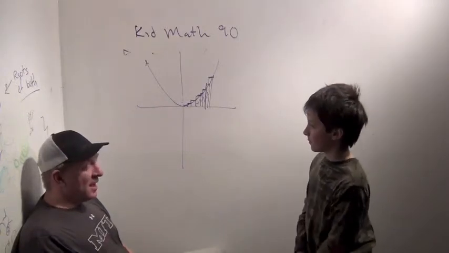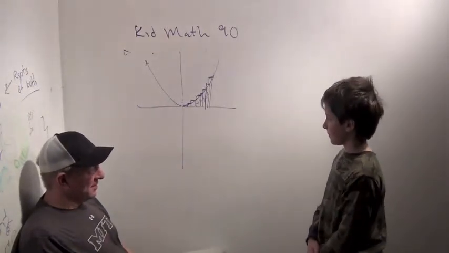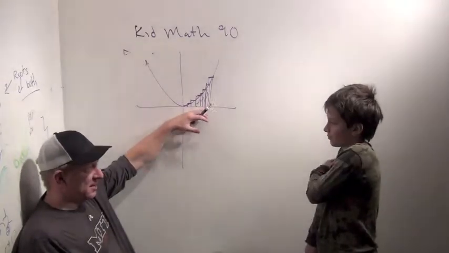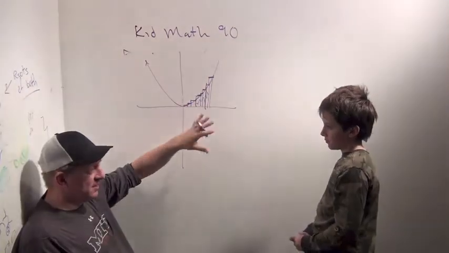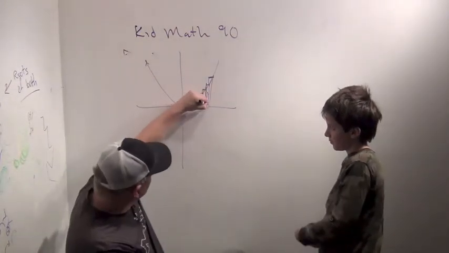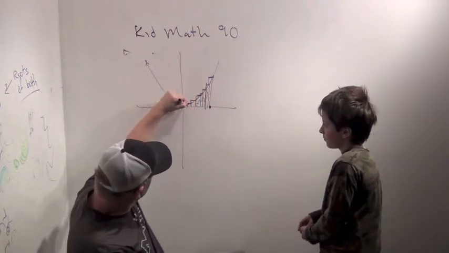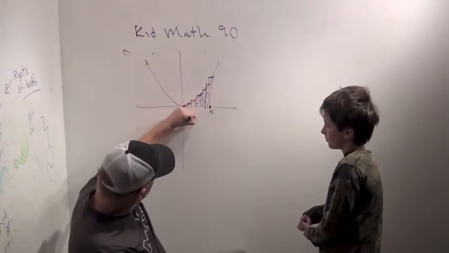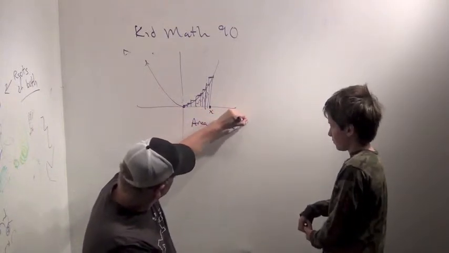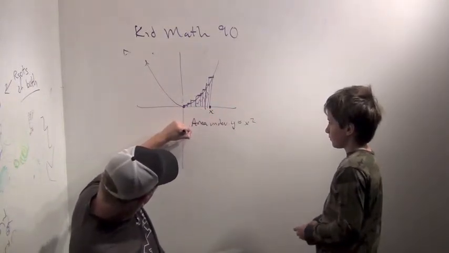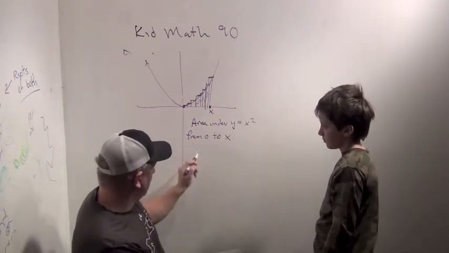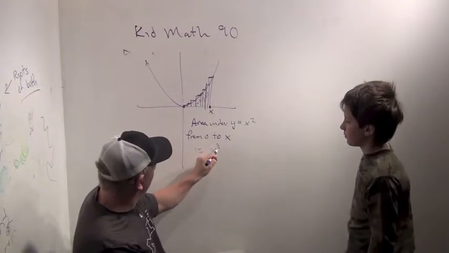Now, I don't want to go into all the details about this, because this is what you study in calculus, and it's a little more complicated than you need to know for now. But it's going to turn out that the area under y equals x squared from 0 to x is x cubed over 3.